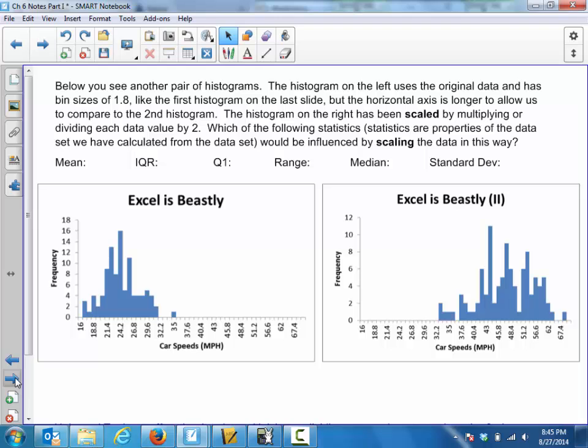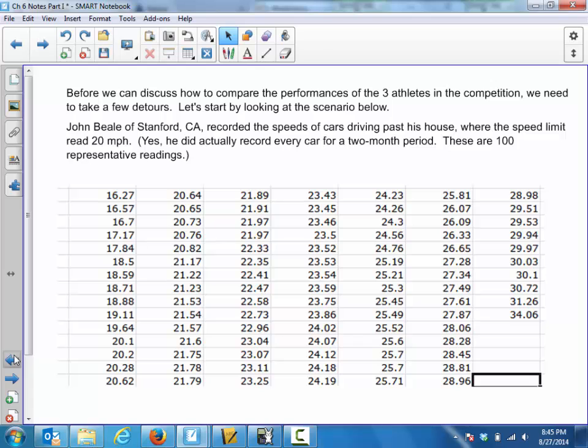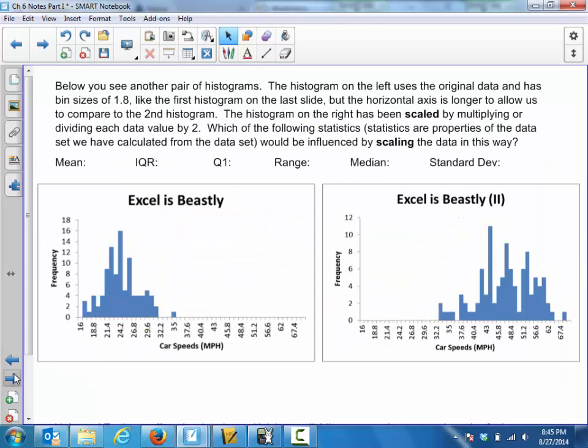We've got Excel is beastly on the left, and this is the same distribution of 100 data values that John Beal got, just in a window that's farther across, because to get from the distribution on the left to the right, we multiplied every one of the drive speeds by 2. Notice the lowest data value for the distribution on the left is at around 16.5, 16.6.